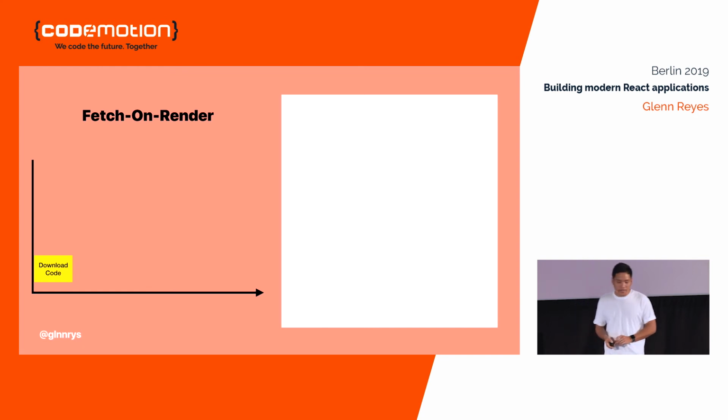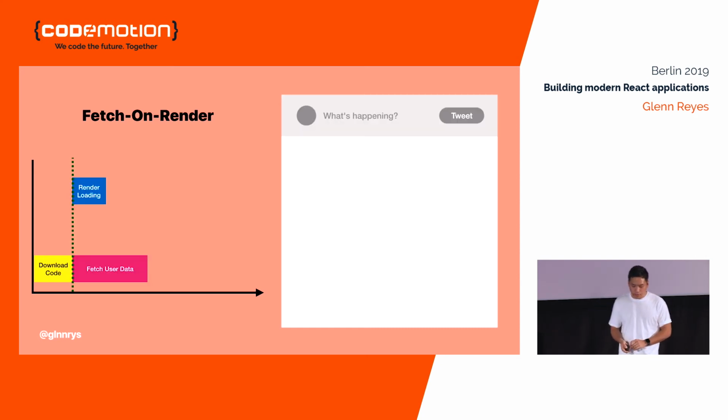Now here's an example of how it looks on a timeline. You see the timeline on the left and the UI on the right that we have seen before with the Twitter Lite home example. First we download our code, and once the code has been downloaded, we start rendering a loading state and start fetching the user data.